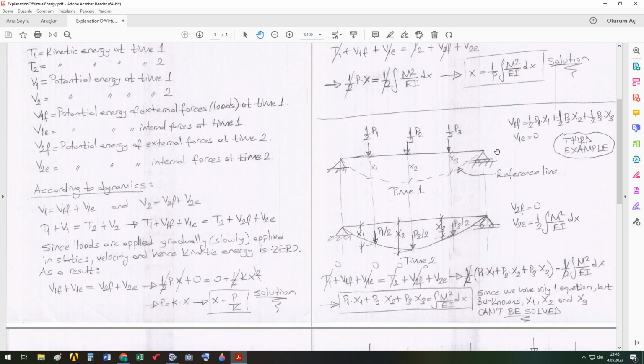So the stored elastic energy in the beam at time 1 is 0. So again here those two terms are 0. The kinetic energy is also 0.